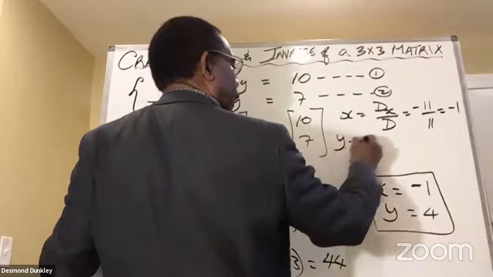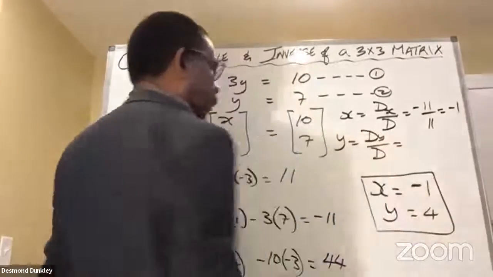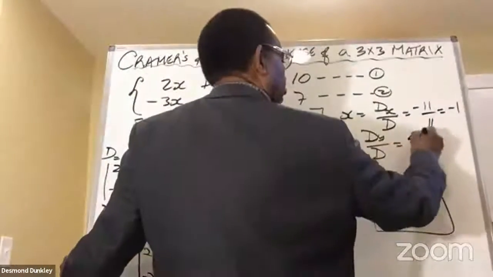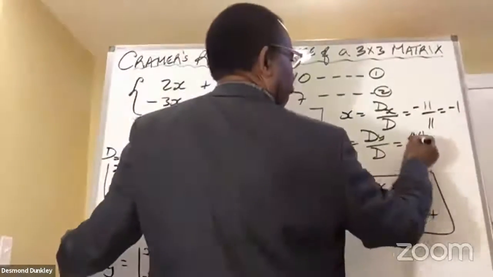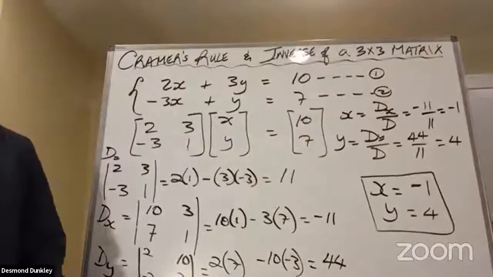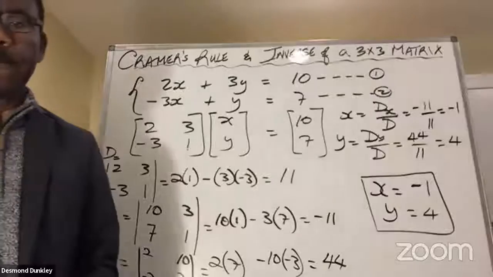And y is going to be equal to dy divided by d. What is dy? dy is 44 divided by d, which is 11. 44 divided by 11 gives me 4. And those were the 2 answers we're looking for. Negative 1, positive 4. Okay?